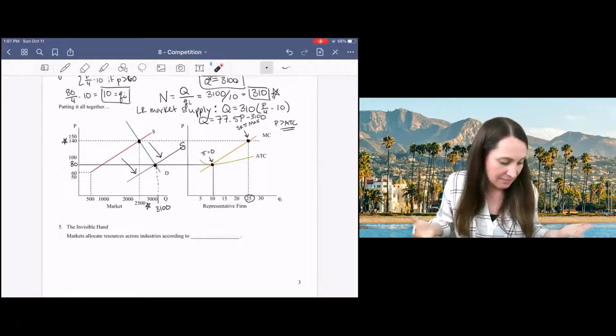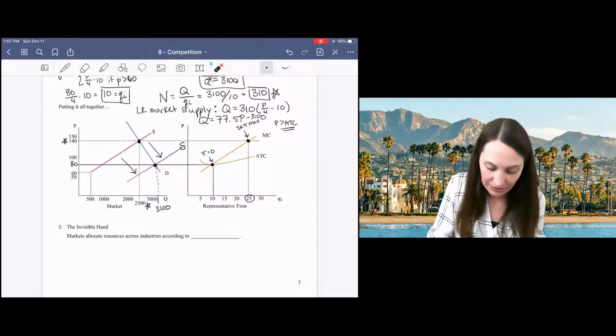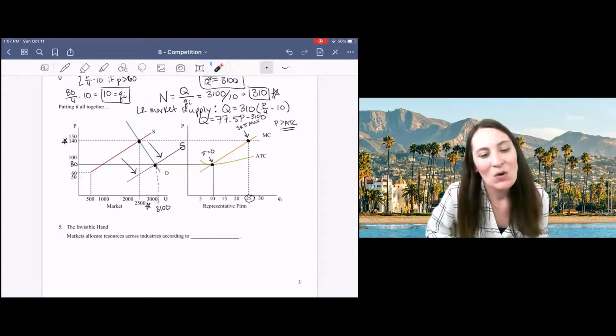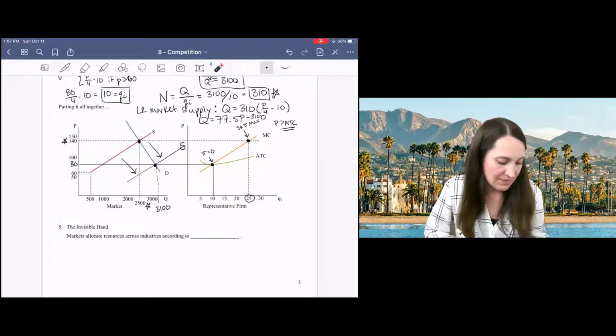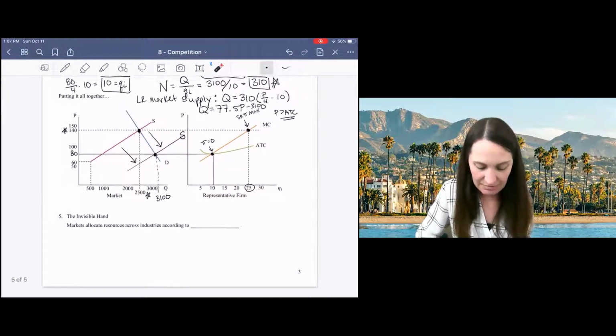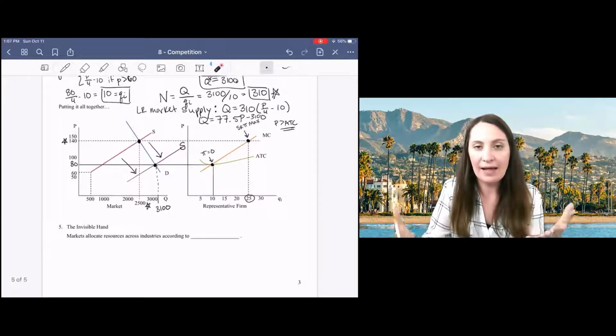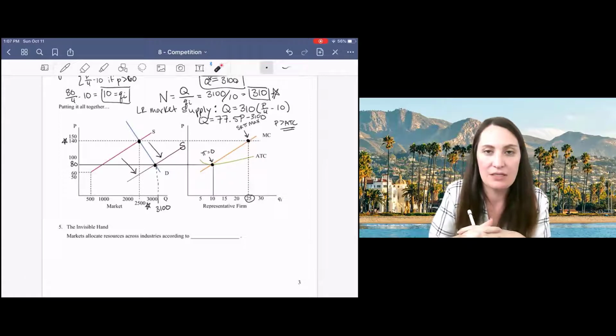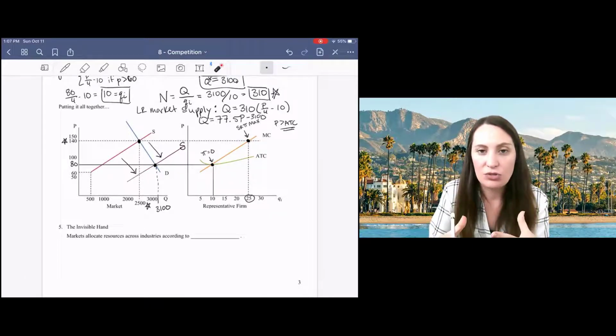So what does that mean? Is that good? Well, it is good in the sense that the markets will allocate resources according to consumer demand.